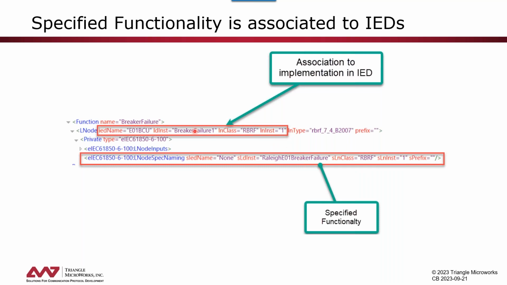And then we see the reference to the IED, which is implementing that particular function that we have specified here. So with that, we can associate our specified functionality with the realization within the devices. So that's about the function and the functional elements.